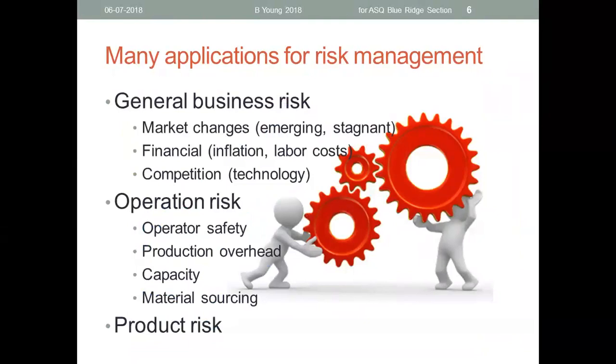There are operational risks when you're looking at your own manufacturing site: the operator safety, production overhead, capacity, material sourcing, just as a few examples. Those are risks that also need to be considered in any comprehensive risk management program, but what we're going to focus on today is product risk. The risks around the product itself, how well it's going to do its job for the customer.